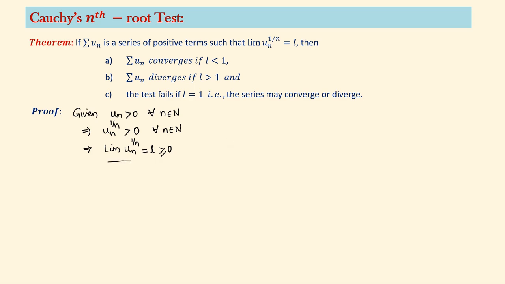So limit un power 1 by n is equal to L, that is, un power 1 by n converges to L. So let us apply the convergence definition. What is the epsilon definition?